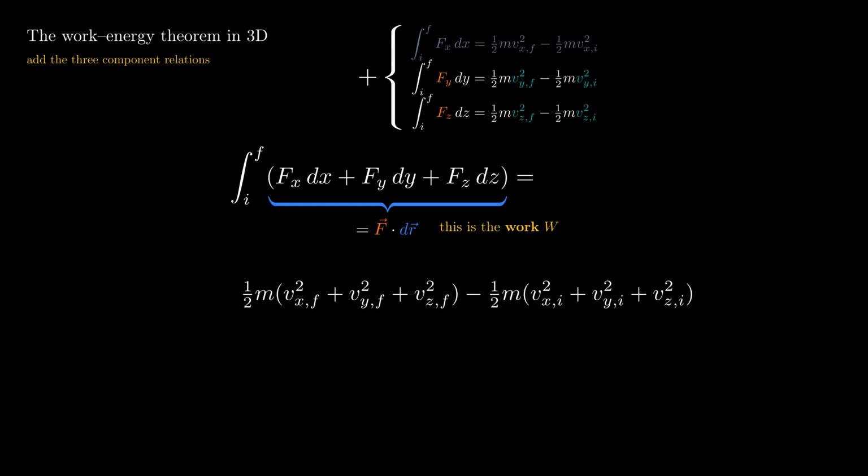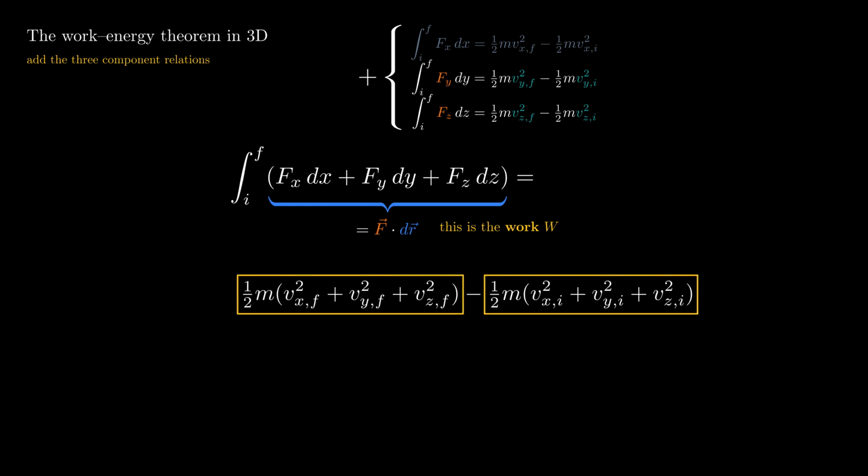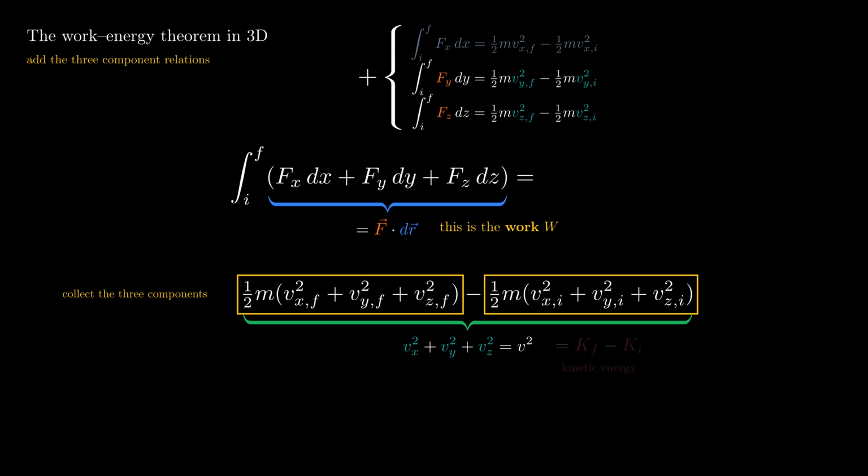It is the work W. The right-hand side collects into 1/2 m times the sum of the 3 squared final velocity components, minus 1/2 m times the sum of the 3 squared initial components. The sum of the squared components of velocity is the speed squared. So the right-hand side is final kinetic energy minus initial kinetic energy.